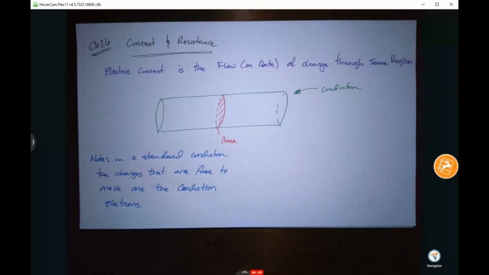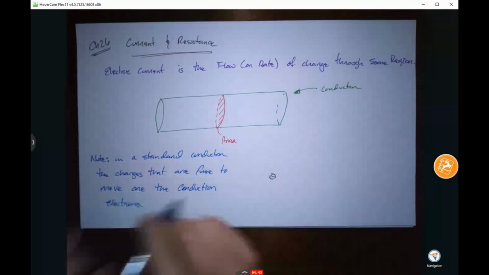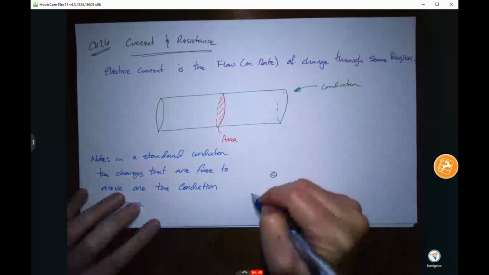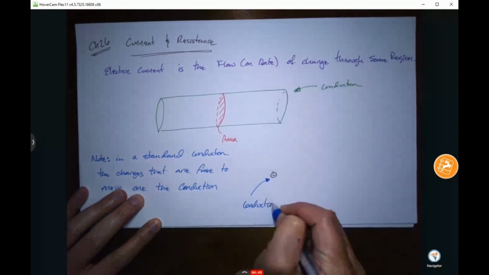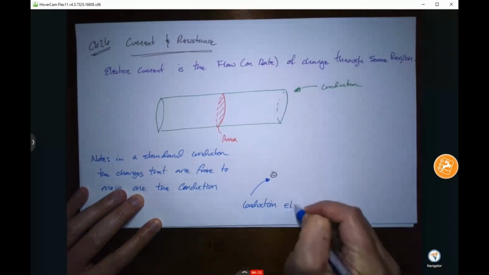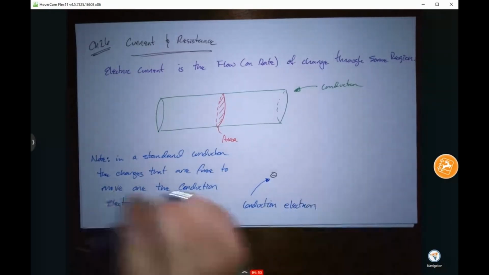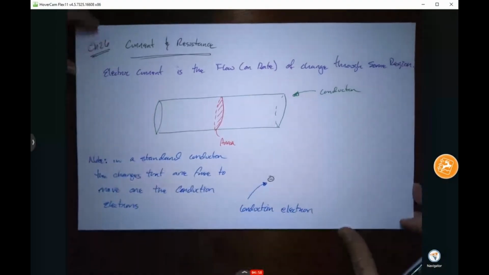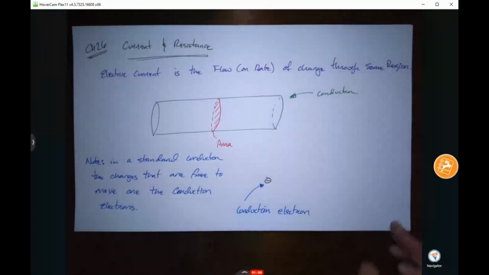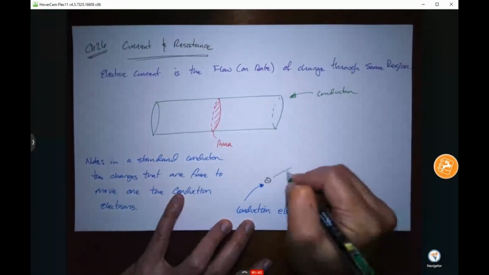Now, one of the things to talk about when we talk about our little conduction electrons is that the motion of these electrons is fairly random, due to the thermal motion.